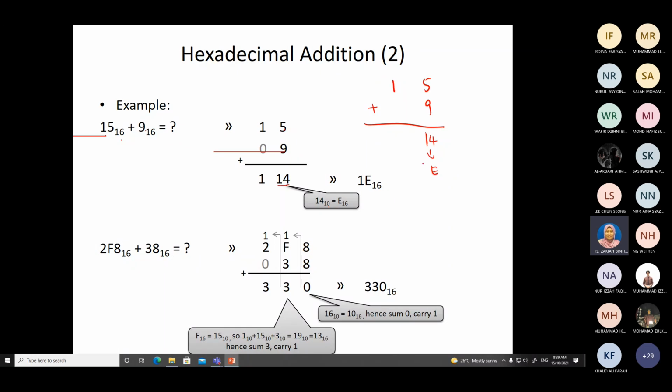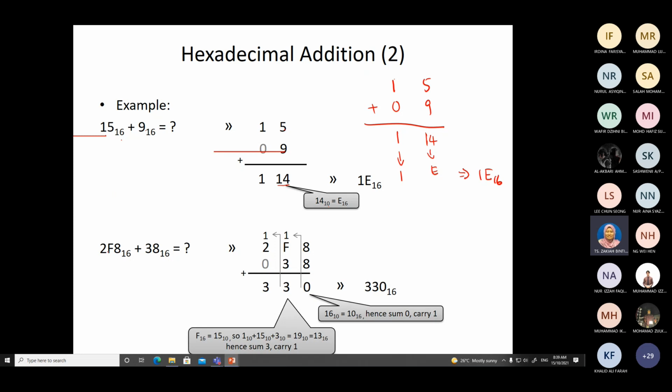And then, do we need to carry forward? No, you don't need to carry forward, so you just add as usual. 1 plus 0 is 1. So when you combine, you will get 1E base 16. Right. So what about more than 2 digits?